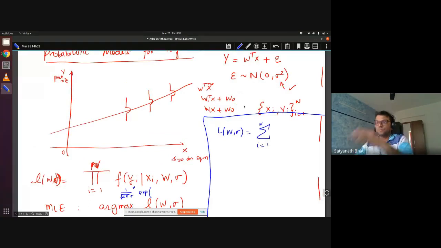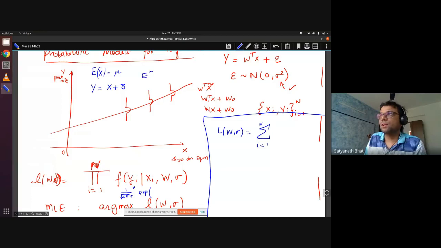Let me take a small diversion because you may not remember this. You have a random variable x whose mean is mu. Let's say y is equal to x plus 3. What is the expected value of y?